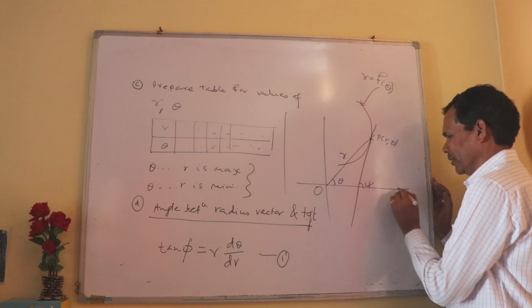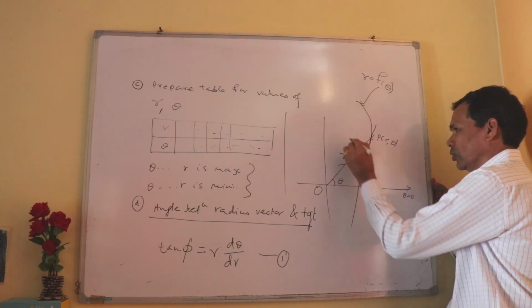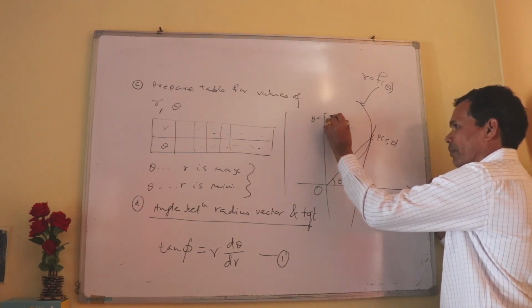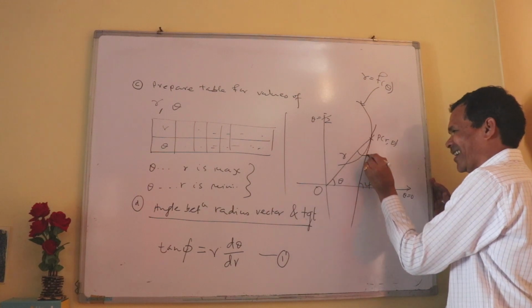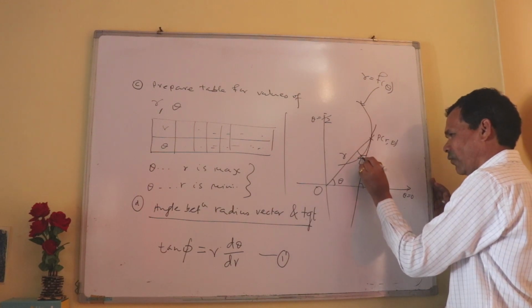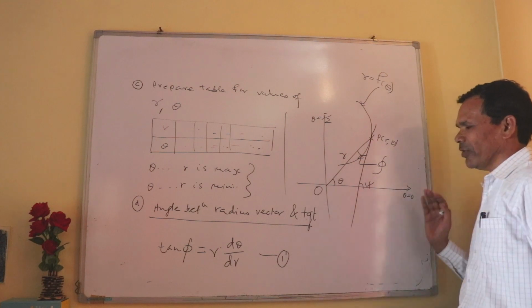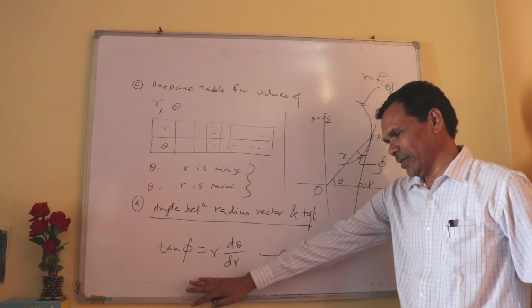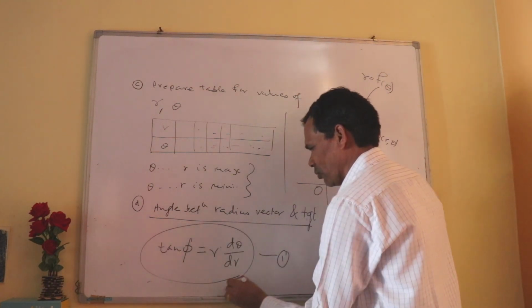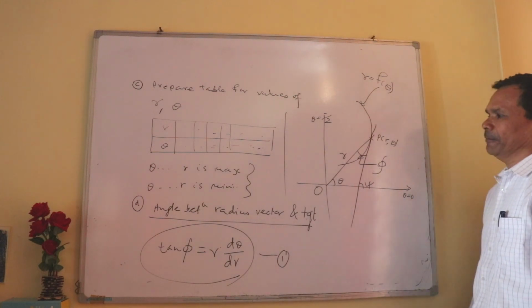This is the pole, this is theta is equal to 0, this is theta is equal to pi by 2, and this angle is actually angle phi, and it is required to find out by the formula tan phi is equal to r d theta by dr.